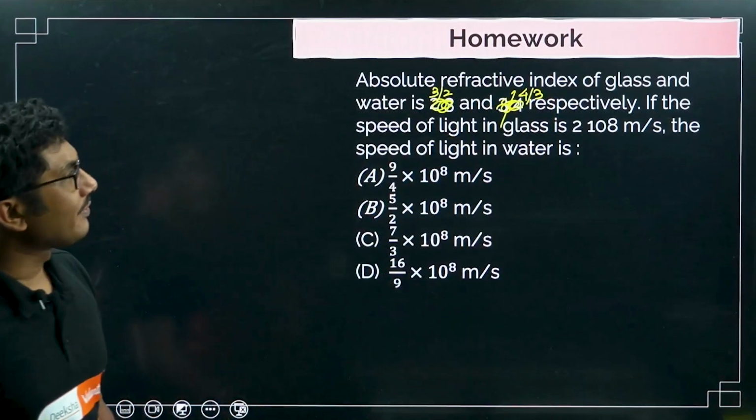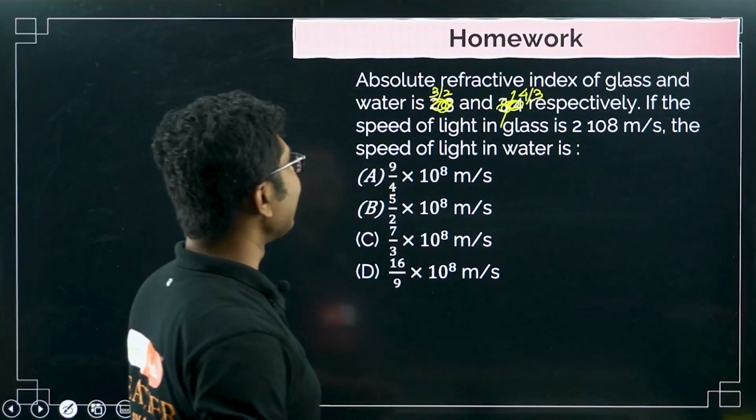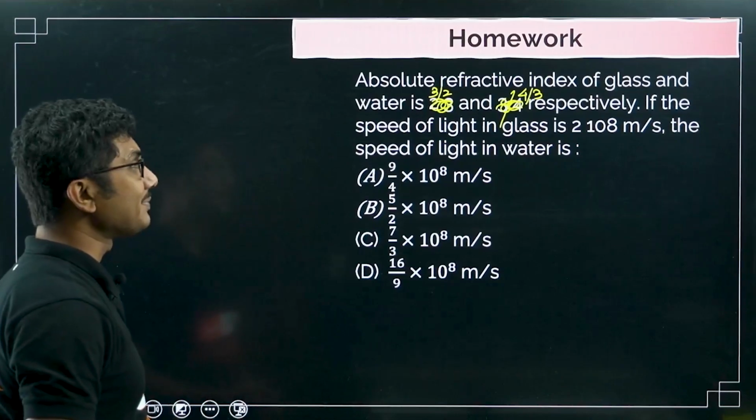Absolute refractive index of glass and water is 3 by 2 and 4 by 3 respectively. Sorry, it is not 2 by 3 for glass, it will be 3 by 2 for glass and 4 by 3 for water.